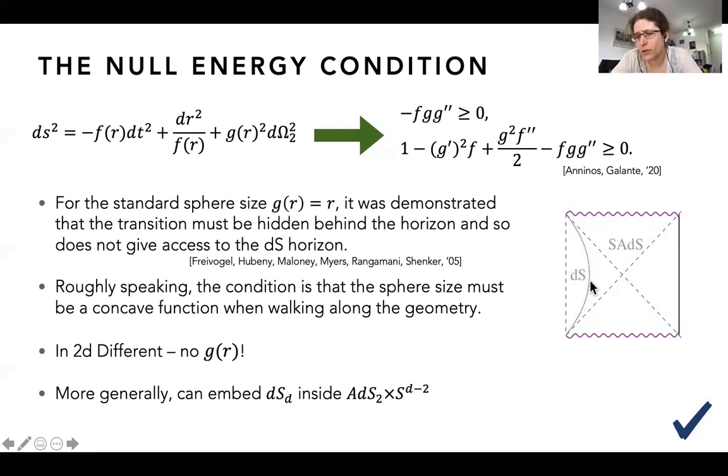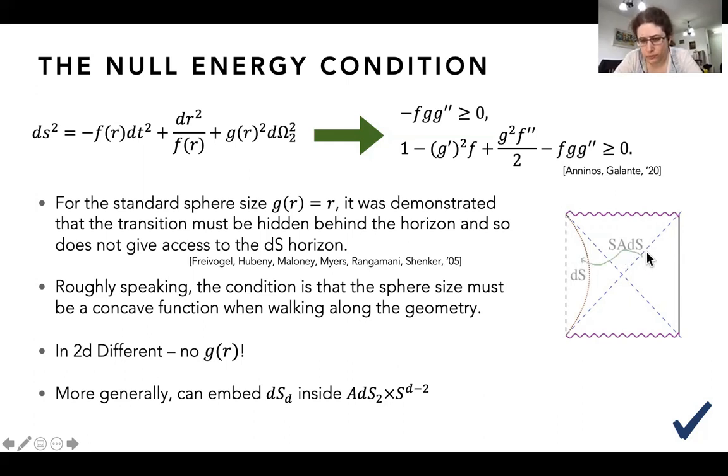But anyway, there was not access to the sitter horizon. Roughly speaking, to understand why that's true, this first condition tells us that the sphere size must be a concave function when walking along the geometry. So as I walk, I do some trajectory along the geometry, the sphere size has to be concave.